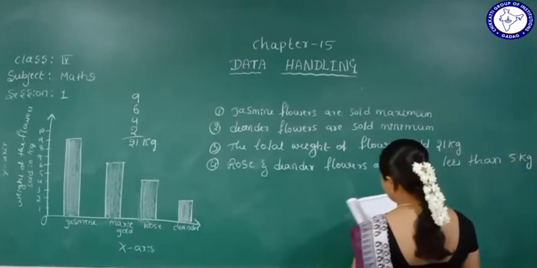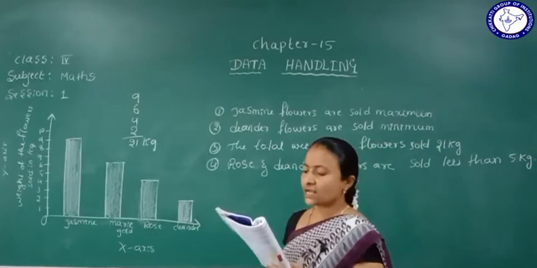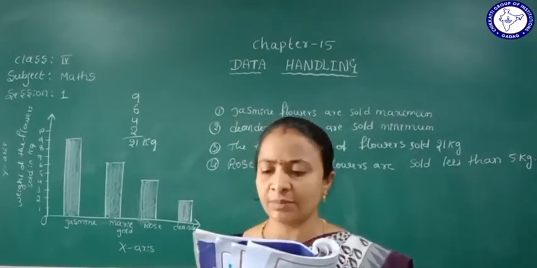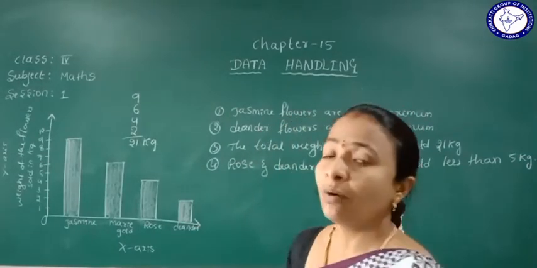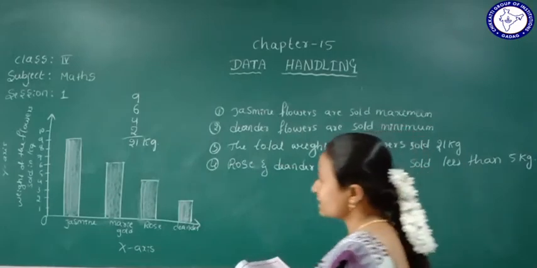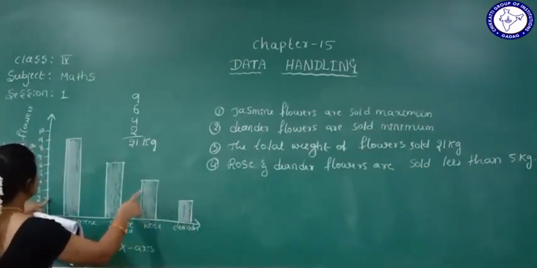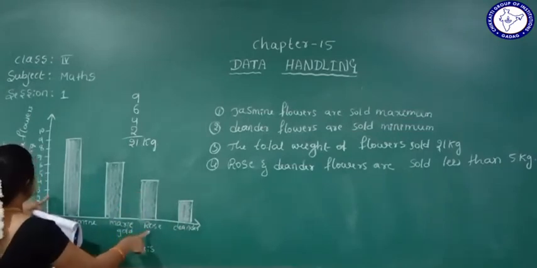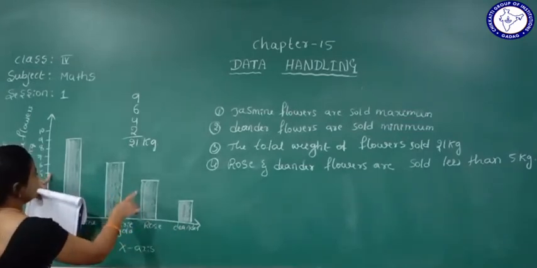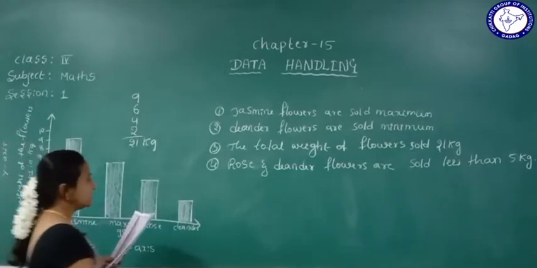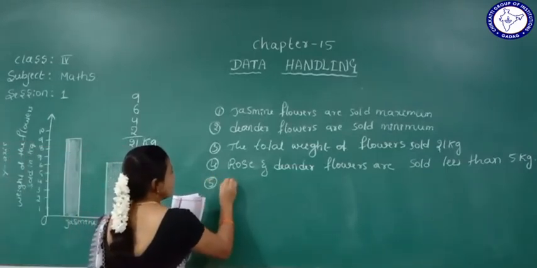Next question. Which are sold less than 5 kg but more than 2 kg? More than 2 kg, less than 5 kg. More than 2 kg means here, which one comes? That is rose. So less than 5 kg also comes here, rose.